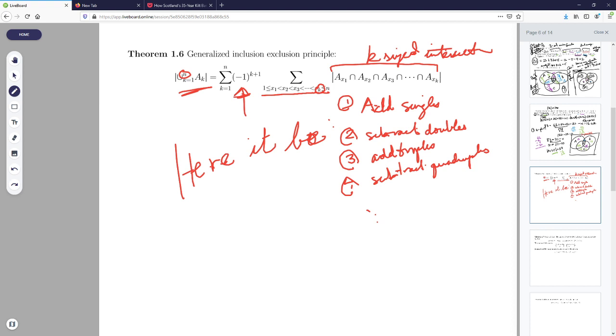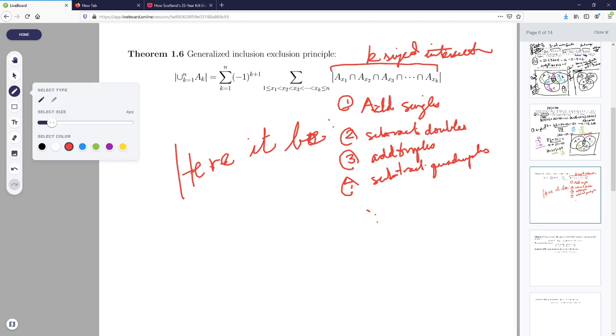So that's the inclusion-exclusion formula in general. But for now, just stick with the single and double union things. I just wanted to point out that it exists for all sizes of sets. There's not really any restriction.